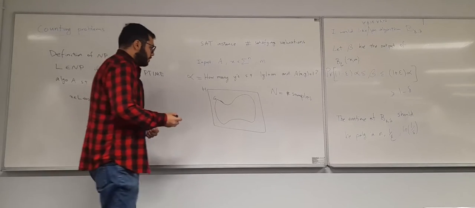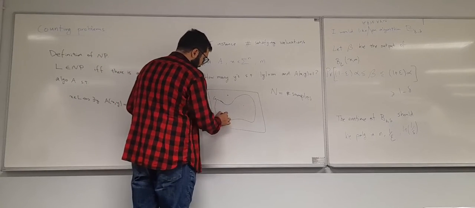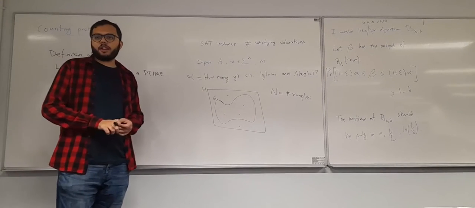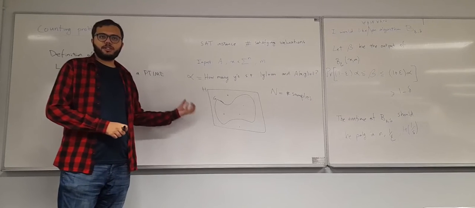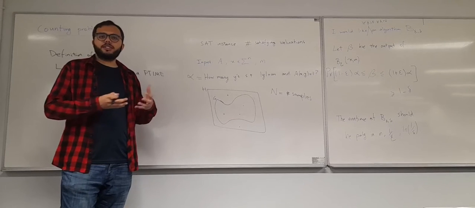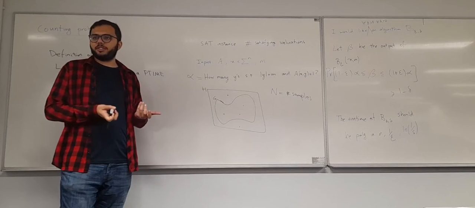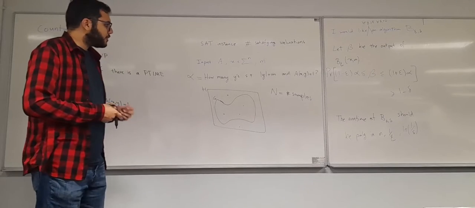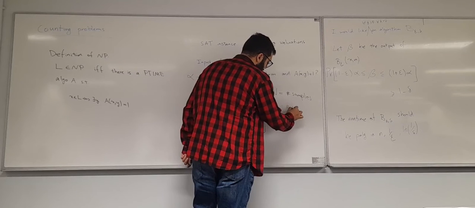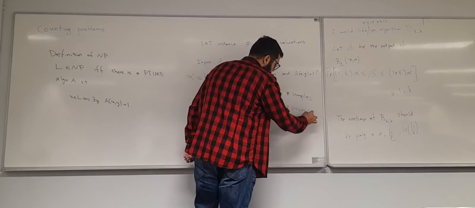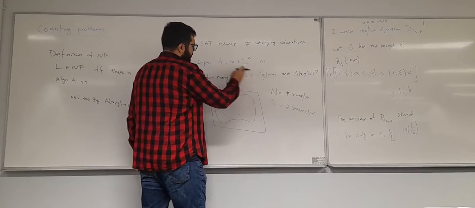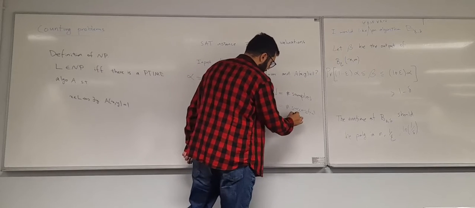Of course, I just take N samples, and some of them will be in G, some of them will be outside of G. Right? And I just look at the ratio of the samples which were inside of G, and I imagine that that's probably the ratio of the size of G to the size of H. Okay? So let's say that S is the number of successful samples. And by successful, I mean that they were in G. They were actually a proof that x is in the language.